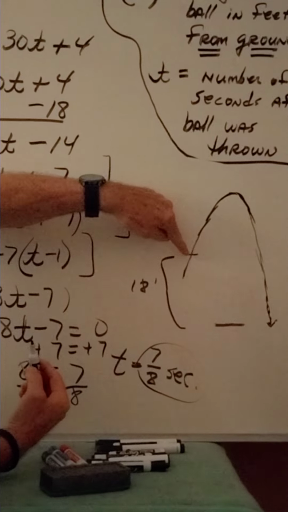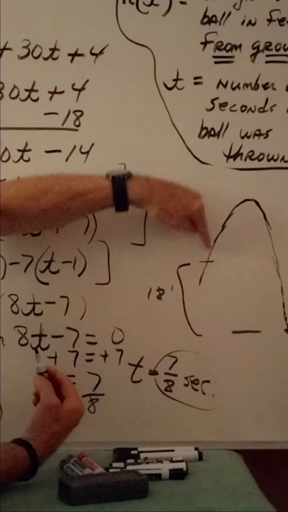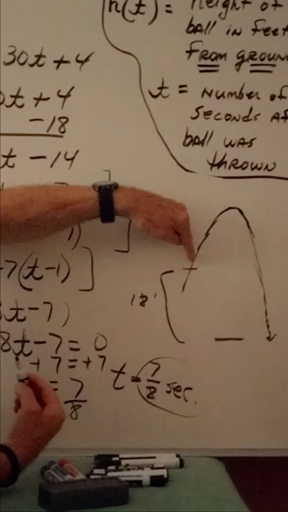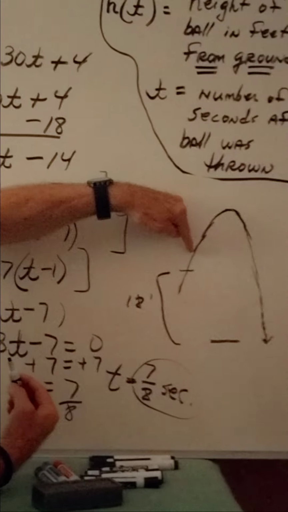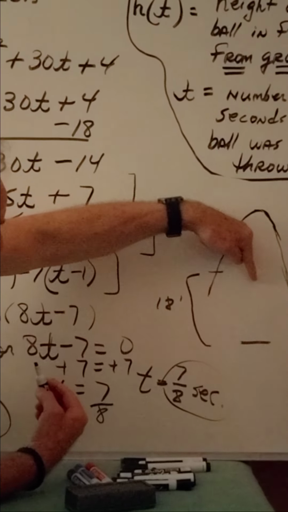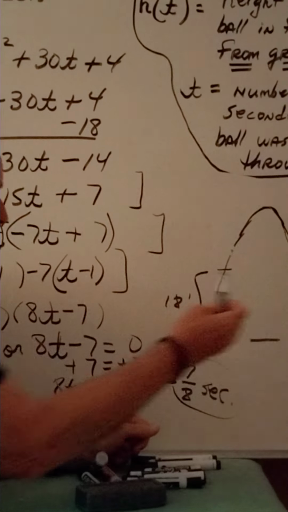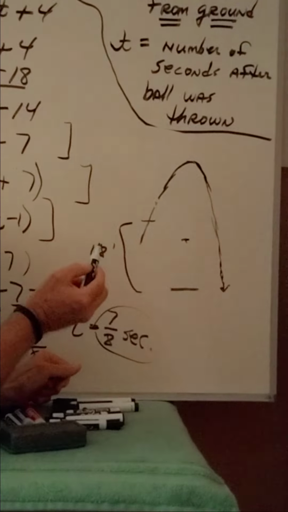But you see, people, when he threw that ball it went to its highest point, a little bit higher than 18 feet, but probably not too much higher, and then it came down again. And when it came down again on its downward journey, it was going to be 18 feet again, and that's going to appear after a second.